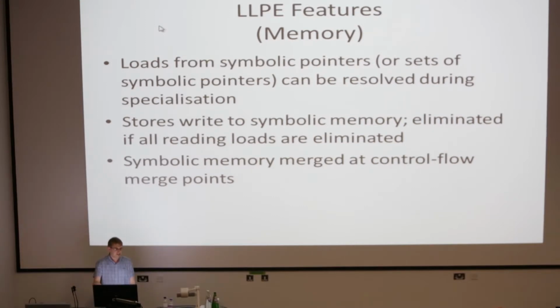So that means that your whole memory in the context of this specializer can contain set-typed values. So memory locations can have several possible constant values, several possible symbolic pointers, and things of that ilk. And the purpose of doing all that is basically just to try to constrain as tightly as we can, especially pointers.